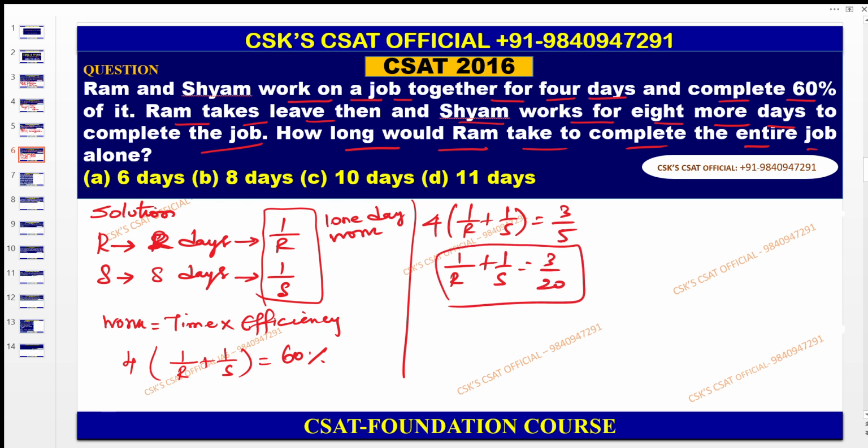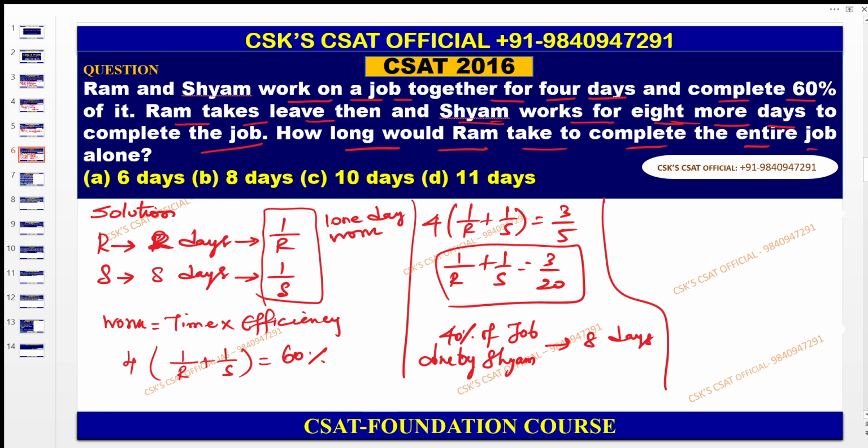Now after this, you can see this one. Shyam works for 8 more days to complete the job, which means 40% of the job is done by Shyam in 8 days. So to complete the full job, you can easily calculate. 40%, 8 days.